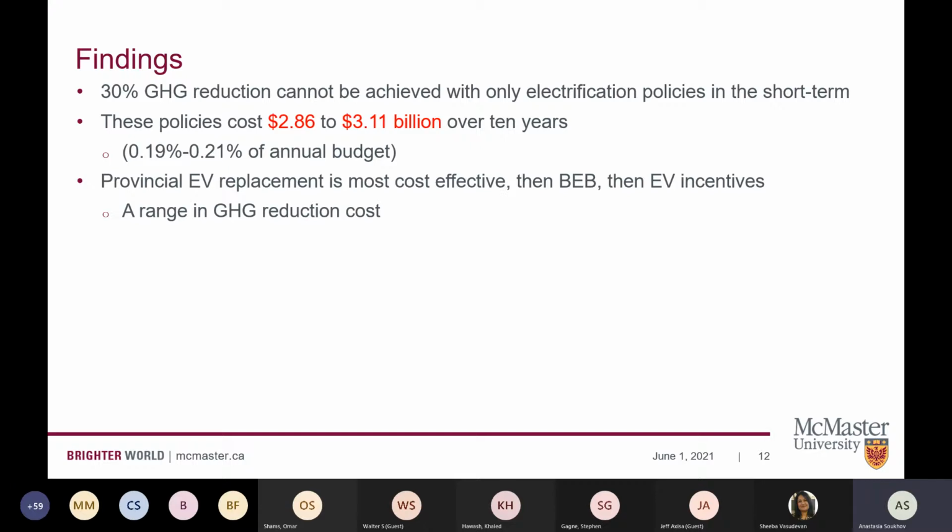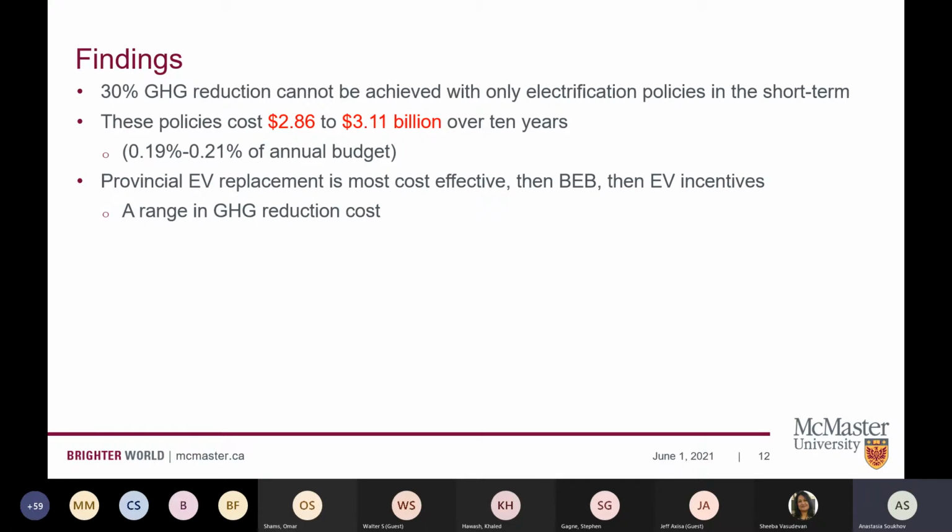However, it is extremely expensive in terms of greenhouse gas emission reduction policies. In terms of cost effectiveness, the provincial EV replacement is the most cost effective because it's cost saving, then the battery electric buses, and then the personal EV incentives.